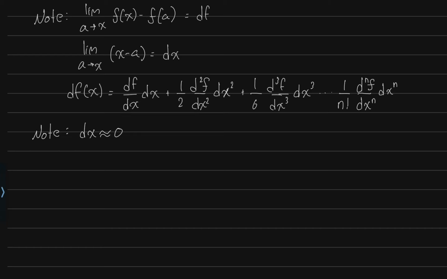If we have dx to the power of n such that n is greater than 1, then dx to the power of n is going to be equal to 0. Therefore, this term and all other terms up until the last term are equal to 0, so we can just cancel all of these out.